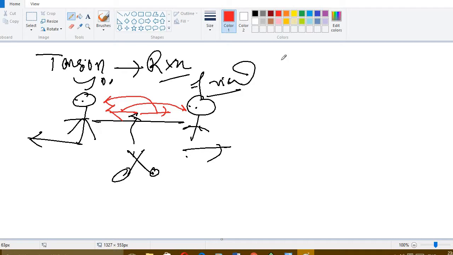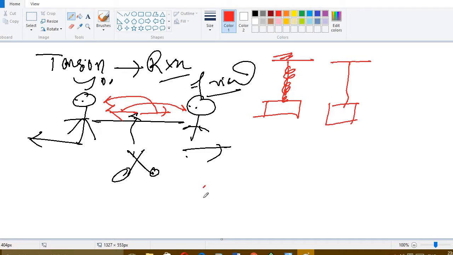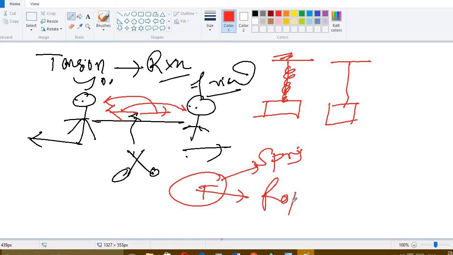Another example is that, say you are using a spring and you're using a rope. Now the tension basically acts in a spring, it can act in your rope also. How it acts, you see. Basically mg is trying to pull it down and the tension is trying to hold it.